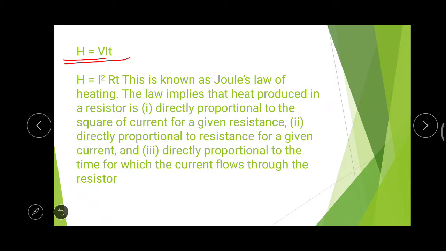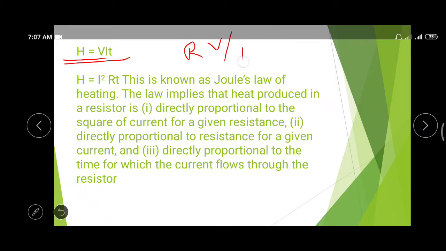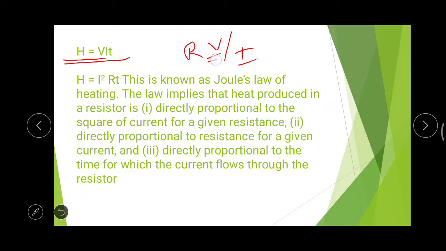Now you can use Ohm's law, that is R is equal to V by I. Then V will be equal to I into R. So instead of V in this equation, you use the I into R term.